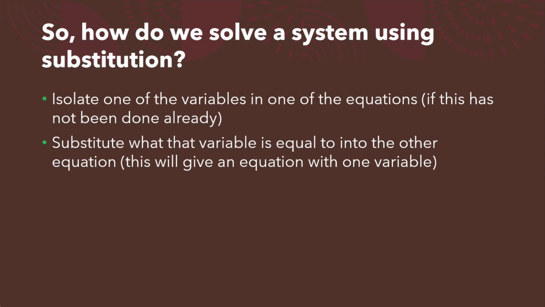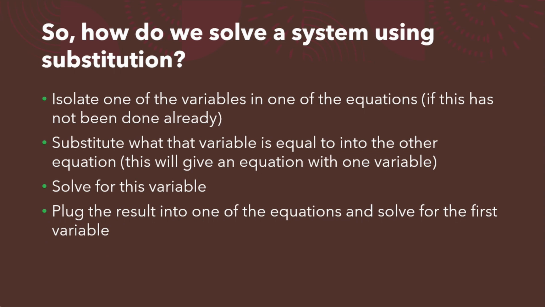This will give an equation with one variable, which we can solve. So we solve for that variable, and then we plug that result into one of the original equations and solve for the first variable. Now this will result in us getting our solution, which we put into coordinates, so x and y.